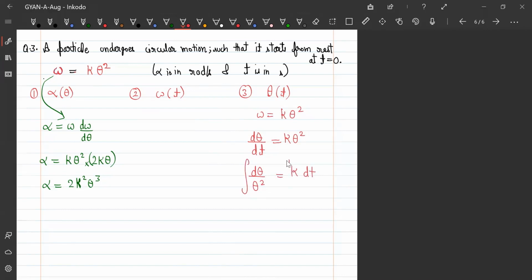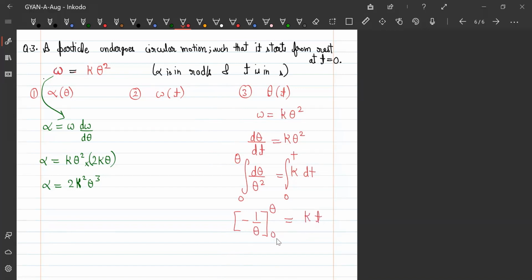And then we can integrate this. When time was 0, let us take theta as 0. When time was t, let us take it as theta. We can integrate this to find theta as a function of time t. So the integration of 1 by theta square will be minus 1 by theta. This will be kt.